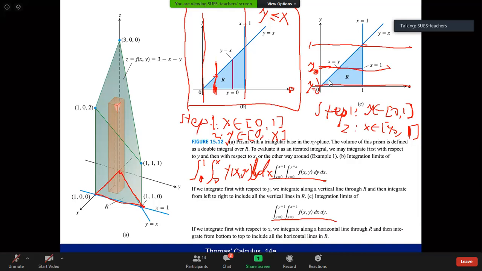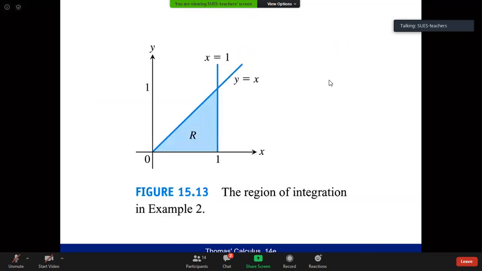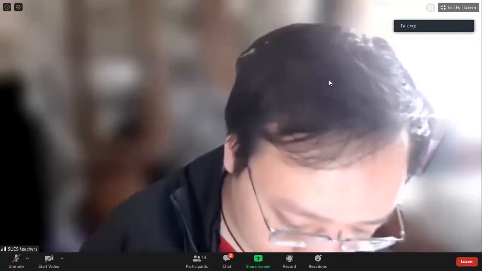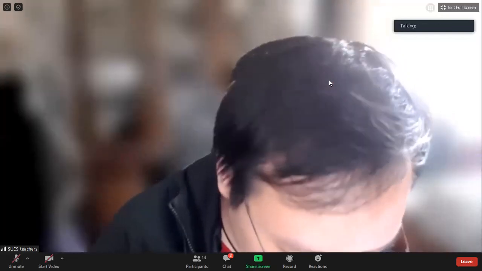Okay, so let's use the example in our textbook here.